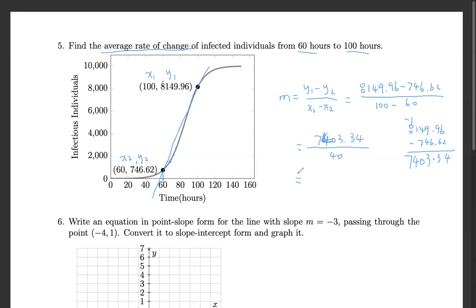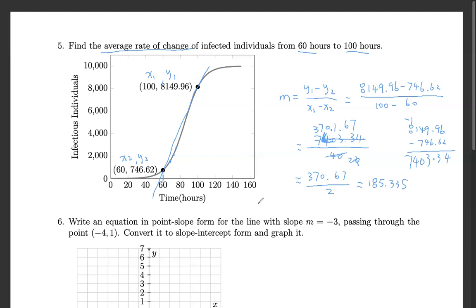If I divide first by 2, the denominator becomes 20 and the numerator becomes 3,701.67. Then dividing by 2 again, I get 185.335.